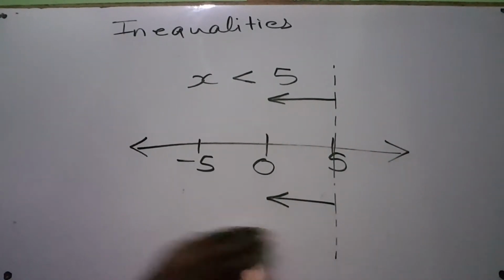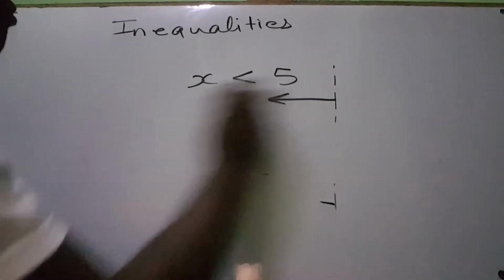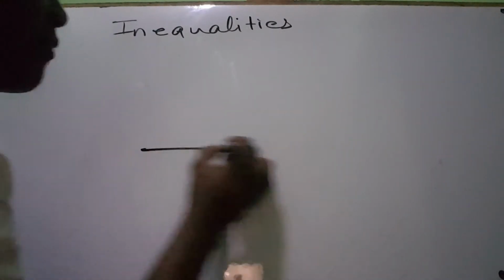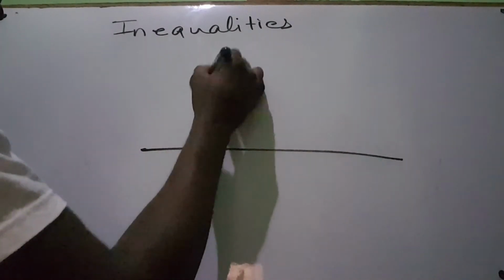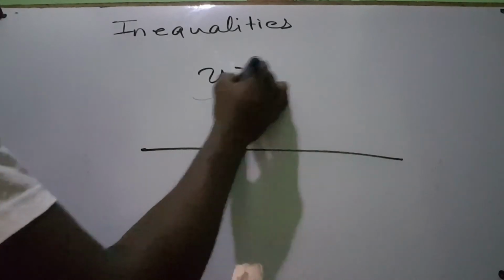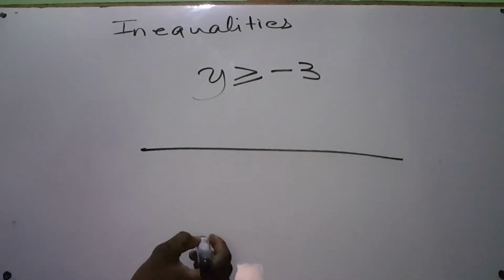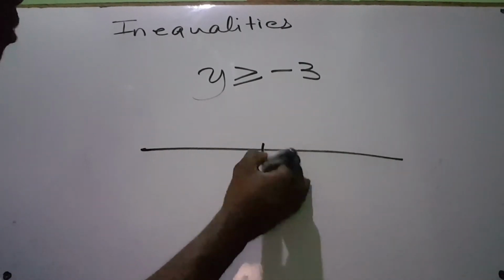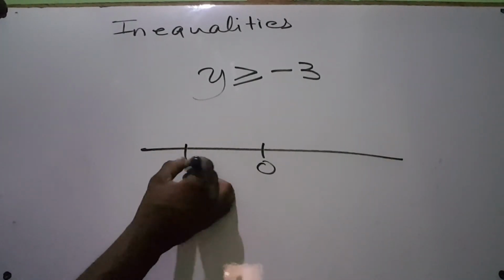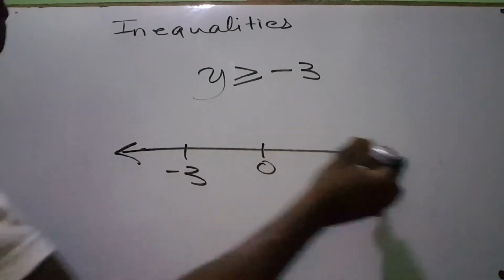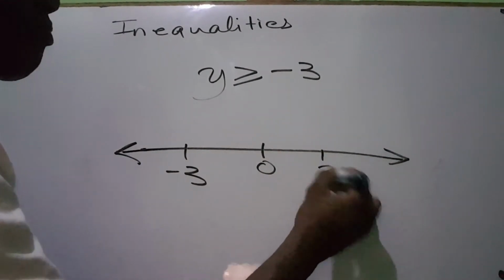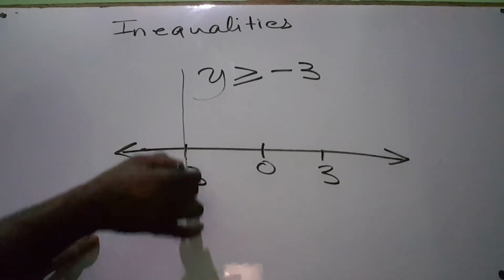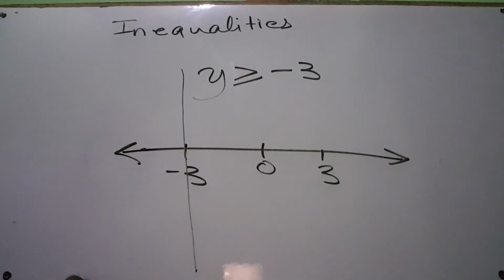Now let's look at the other one. What if we have a case where we're saying that y is greater than or equal to -3? What are the solutions for that? Well, let's put this on the number line. So on the number line, my marker will be at -3.